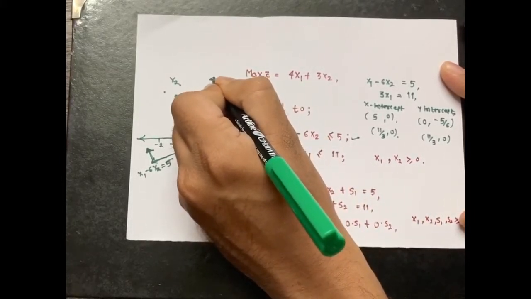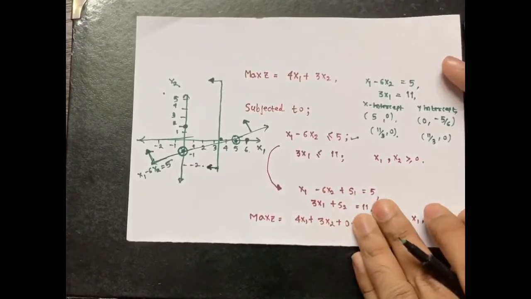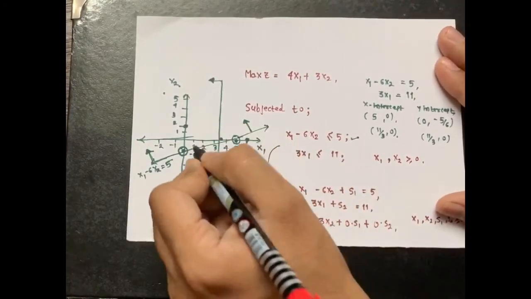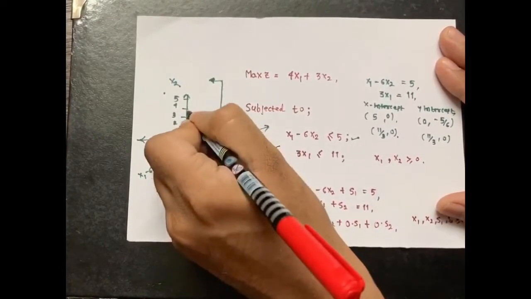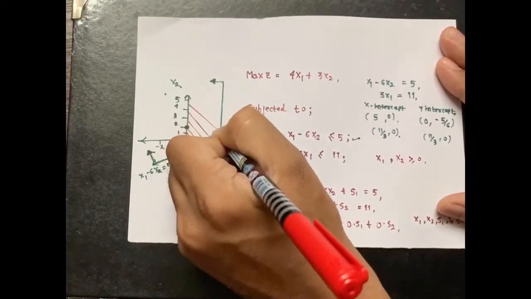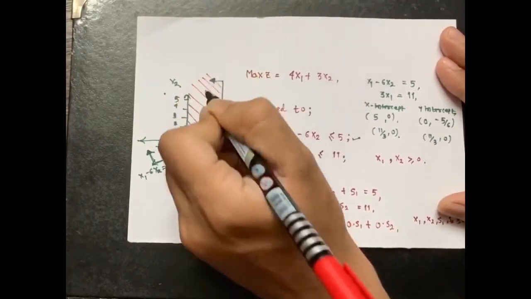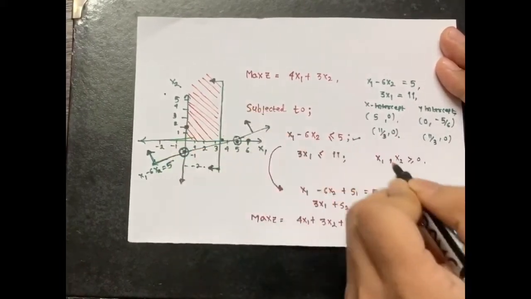So this is the visible region. Up till here it is correct. Now I know that x1 and x2 have to be greater than 0. So the common intersection of these two is this particular region.